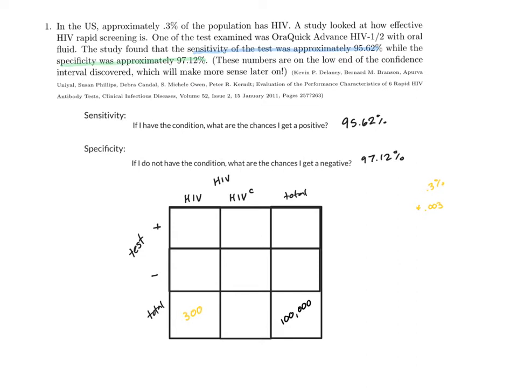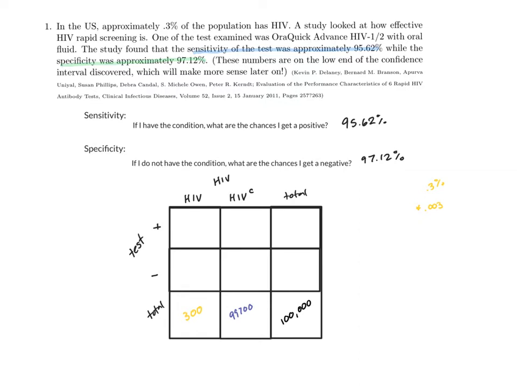Once I get that number, it's fairly easy to go ahead and fill in the number who don't have HIV, right? As their complements, I'll just take the 100,000, subtract off the 300, and when I do that, I get 99,700. So that'll be the number without HIV. Once again, to do this, I use that first piece of information there, that 0.3% of the population has HIV.